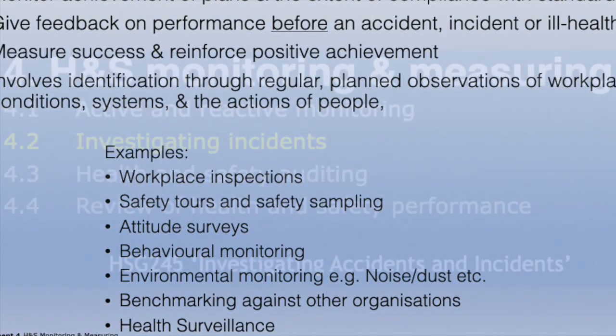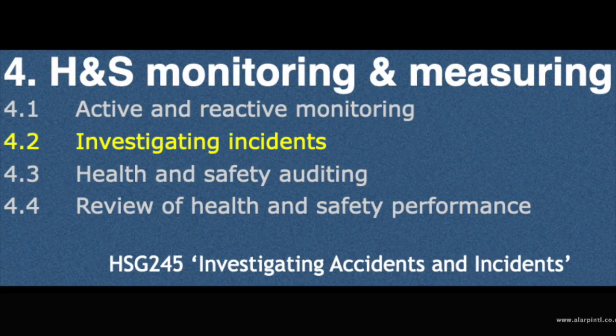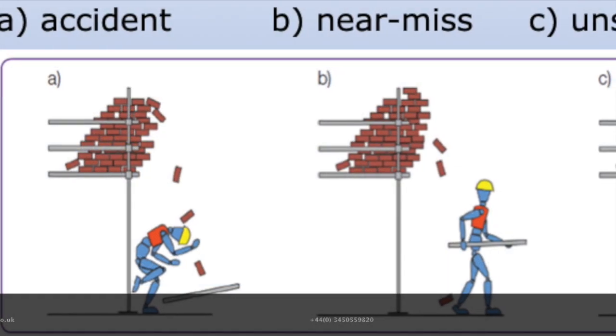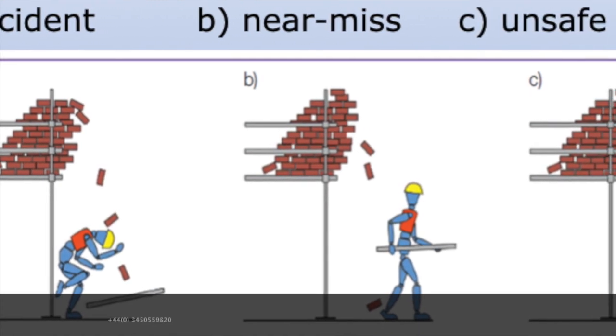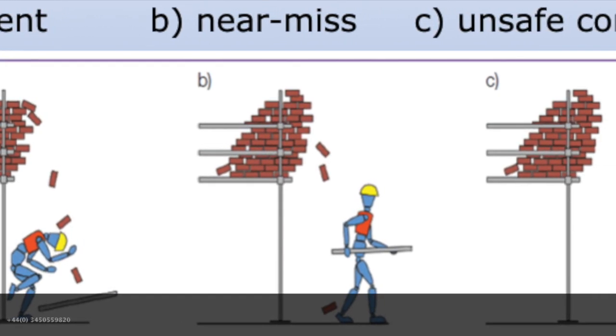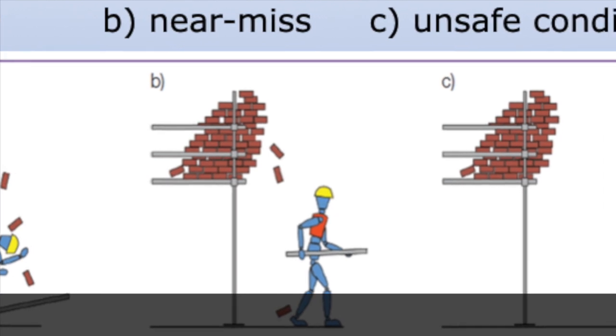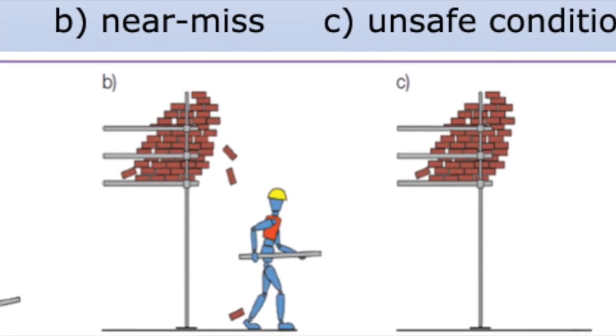The next assessment criteria, 4.2, is about reactive monitoring, particularly looking at investigating incidents. And I've used the word incidents, which may either be an accident where there is an outcome, or it can be a near miss or unsafe condition. So a good understanding of that is important.